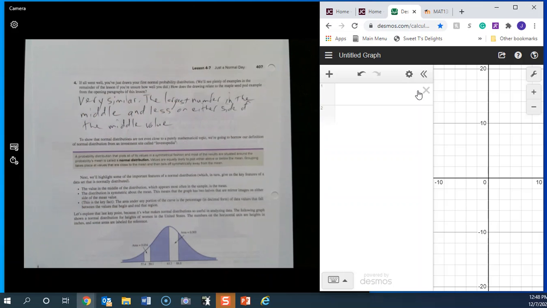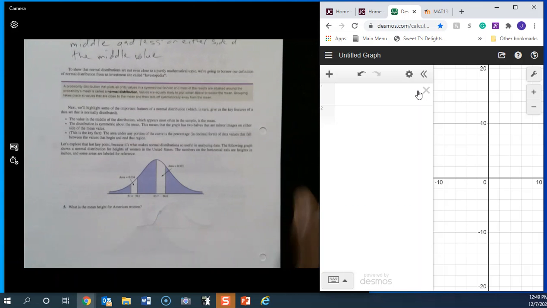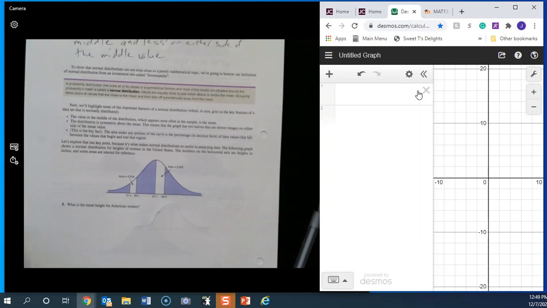So it basically would be the mean. A probability distribution that plots all of its values in a symmetrical fashion, and most of the results are situated around the probability's mean, is called normal distribution. Values are equally likely to plot either above or below the mean. Grouping takes place at values that are close to the mean and then tails off symmetrically away from the mean.